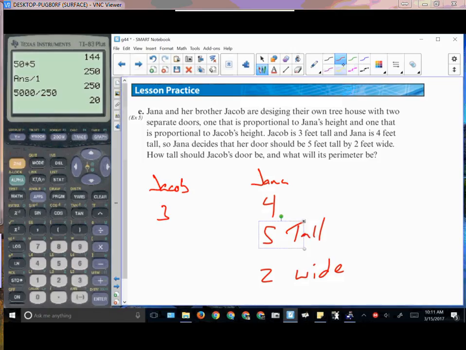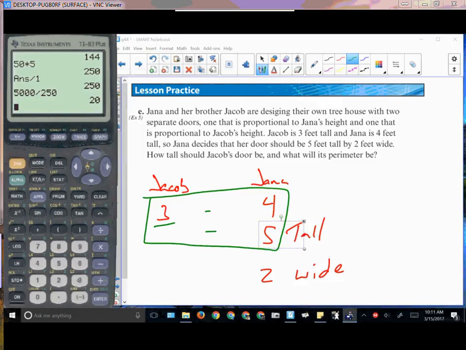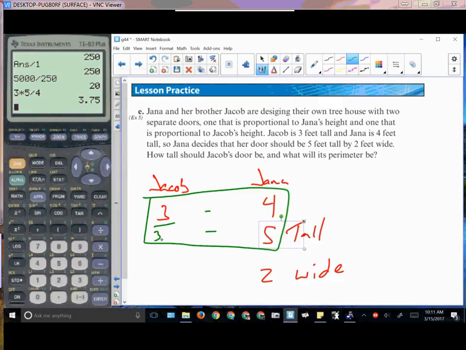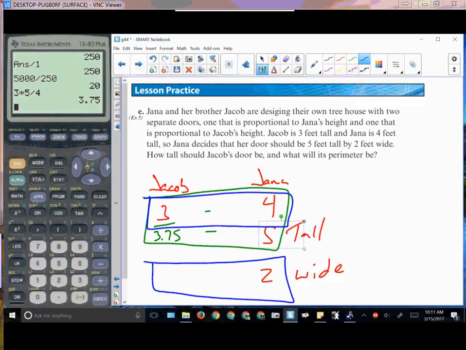Now, could I use the information right here to create a ratio for tall? Okay. So 3 times 5 divided by 4, and I end up with 3.75 feet. Okay, does that work? Could I then use this ratio in the information down here to figure out how wide it should be?